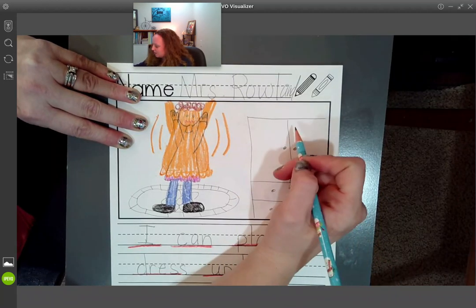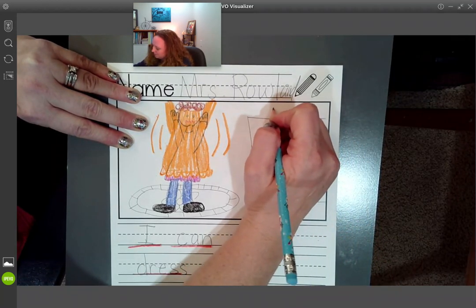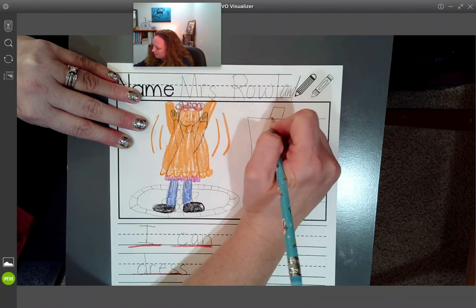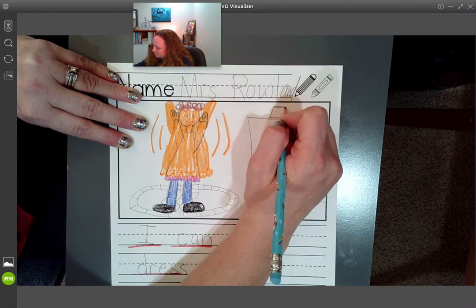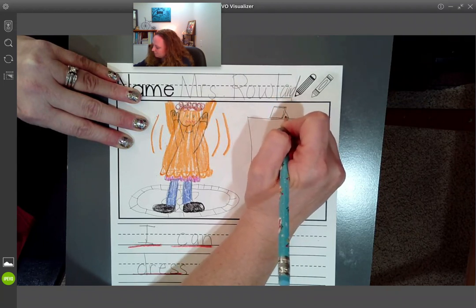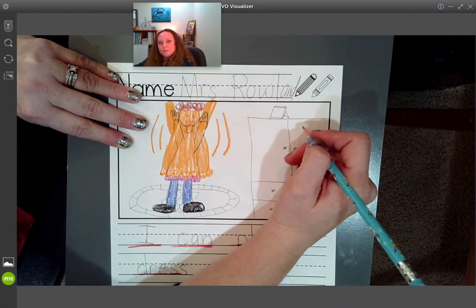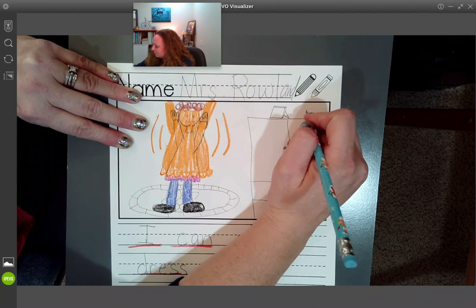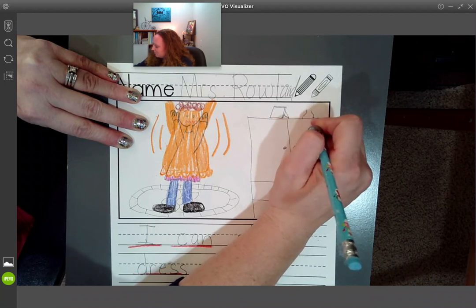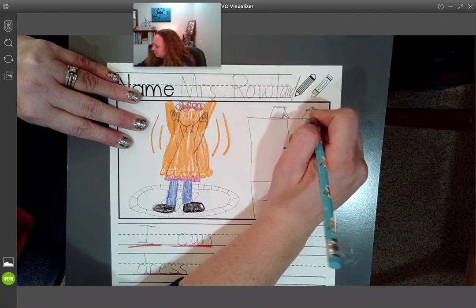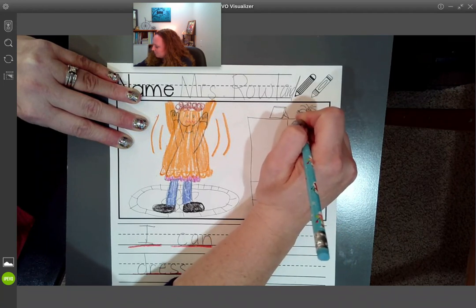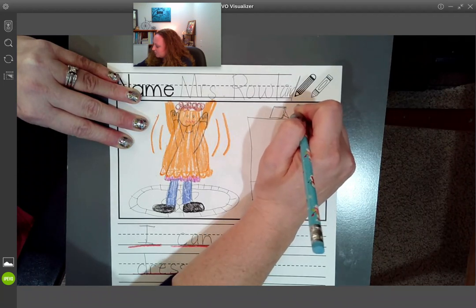Maybe up on top of my armoire, I have a picture of me and my family. And maybe up on top of there, I might also have a vase of flowers. Notice how I'm adding detail to those flowers.